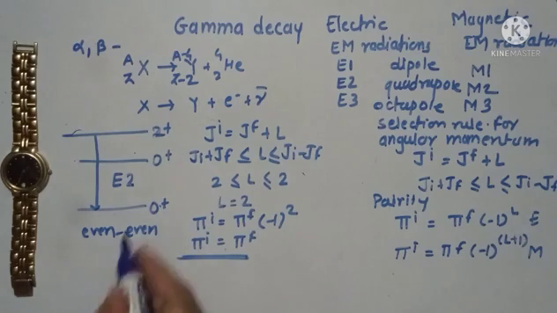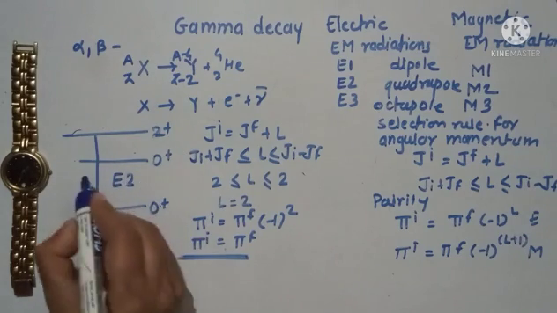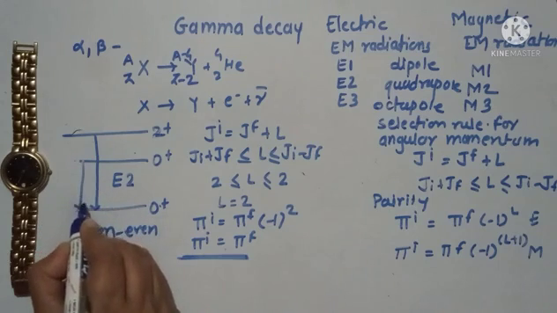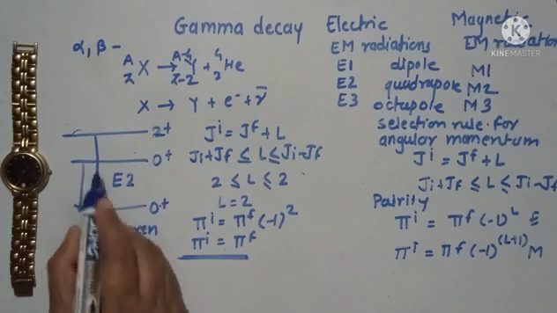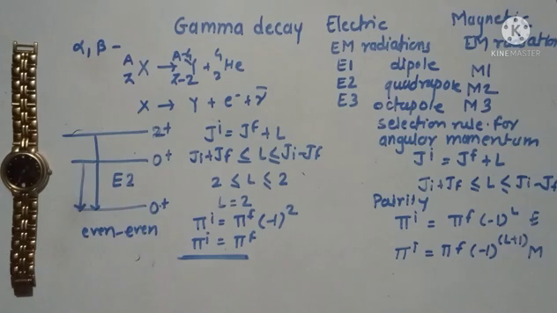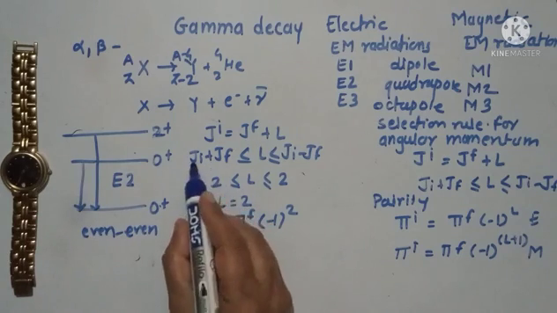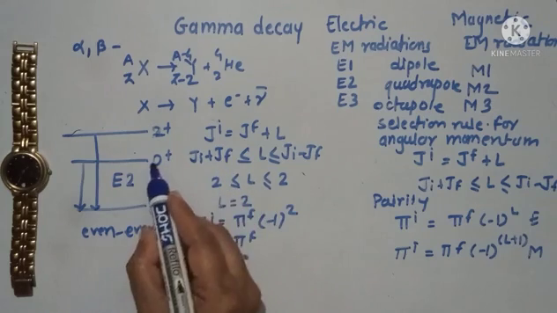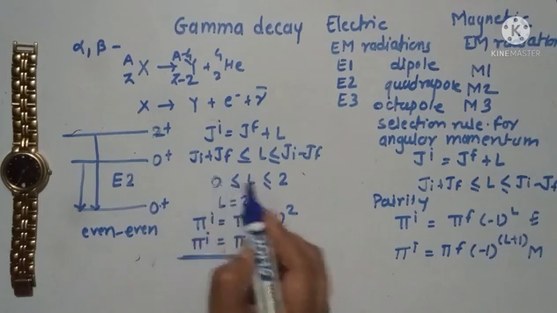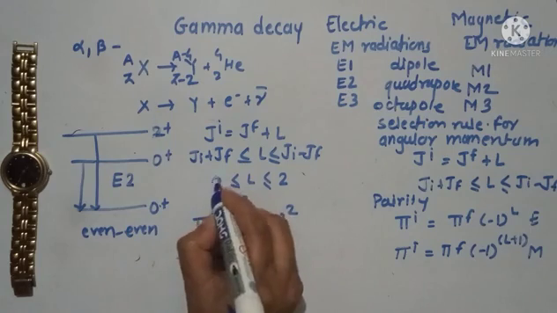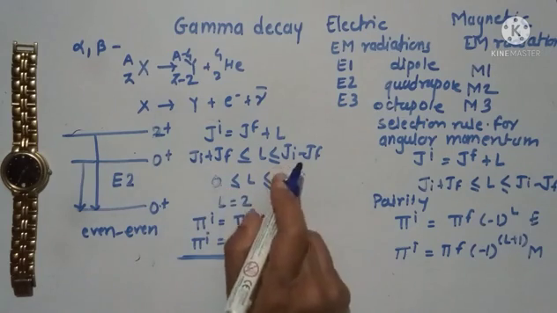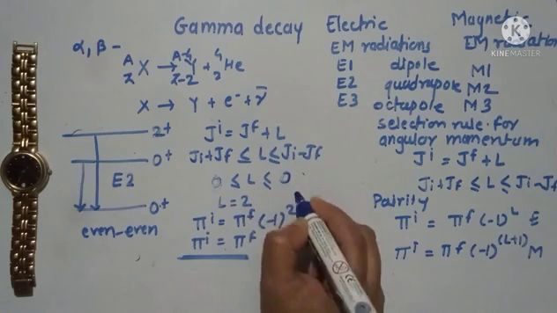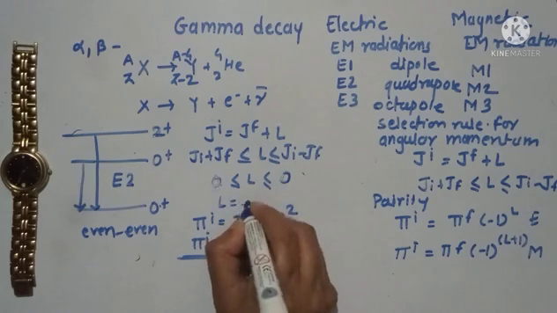Now let us see whether 0 plus to 0 plus is possible for this particular nucleus. So we can say that Ji plus Jf is 0, and Ji minus Jf is also equal to 0. So L is equal to 0.